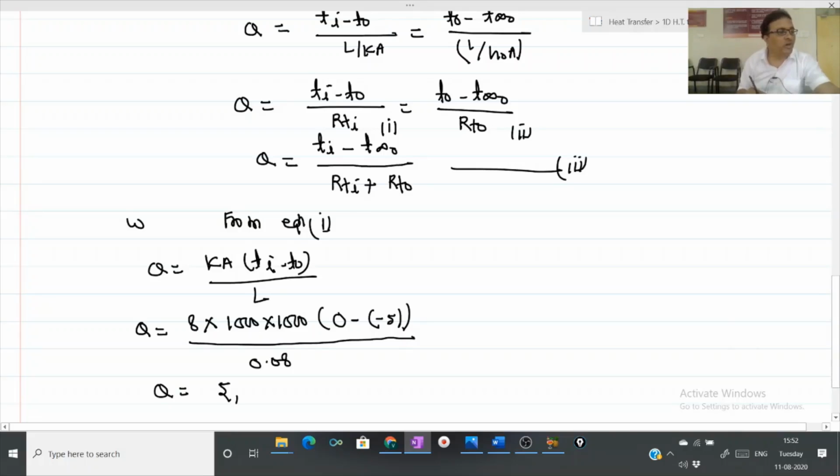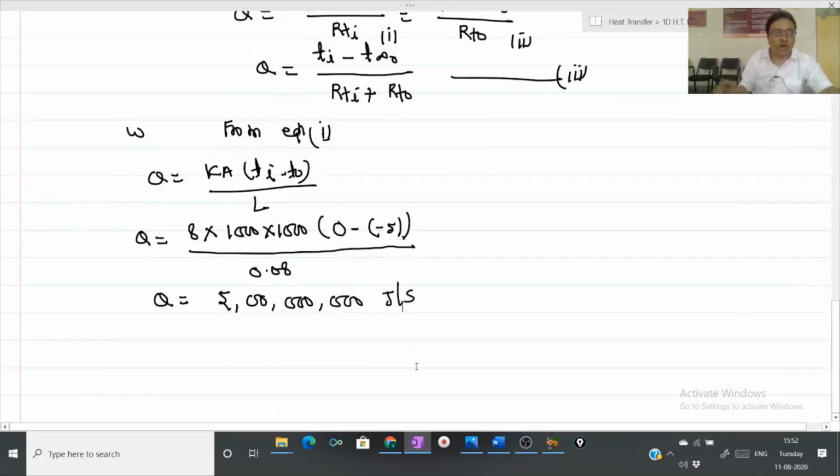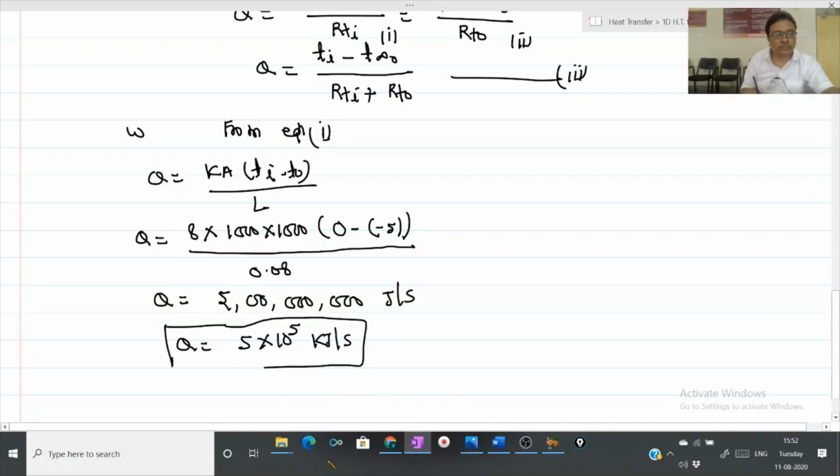So the data followed by these many zeros joule per second, or I can also write it as Q is equal to 5 into 10 to power 5 kilojoule per second. This will be answer number 2.